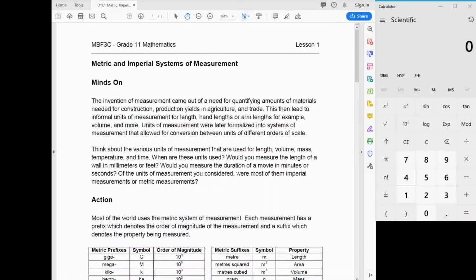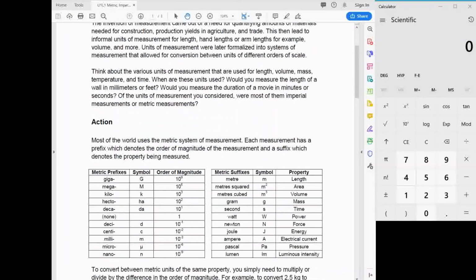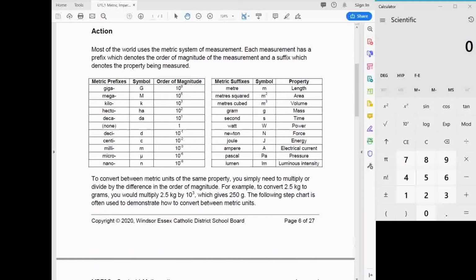So when it comes to these two types of units of measurement, we'll first talk about the metric system. And the metric system uses a prefix and a suffix format. The suffix, which is the later part of the word, or the end part of the word, those suffixes are our base units.